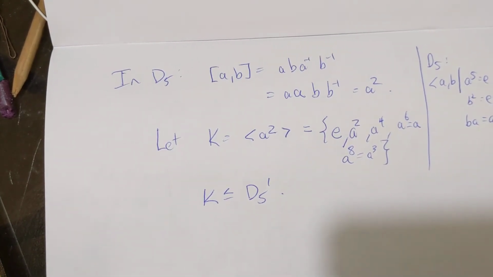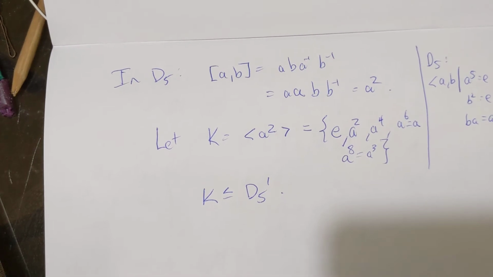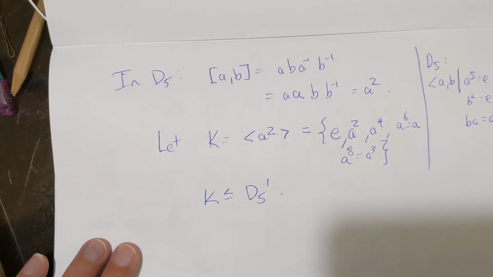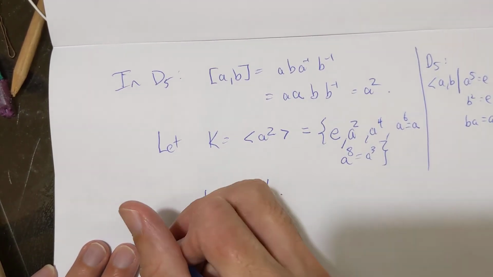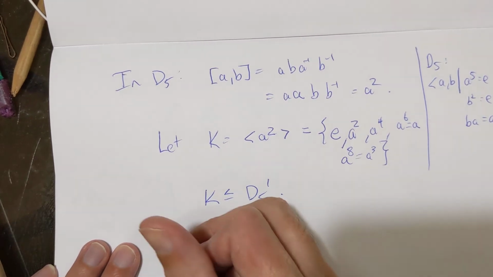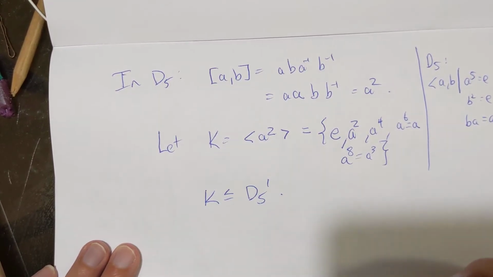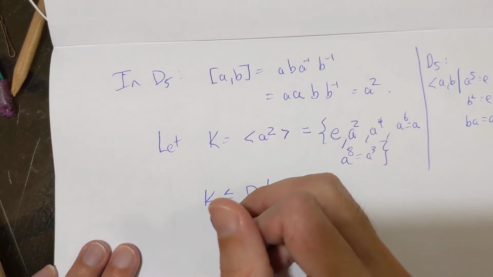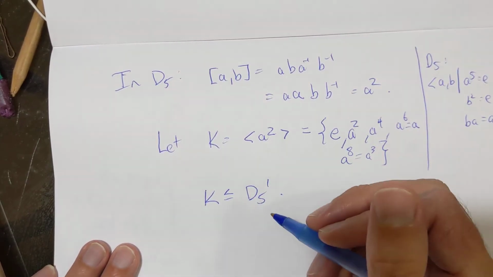Now if we show that D5 mod K is abelian, that'll be enough. So we can actually just compare the order of K to D5.